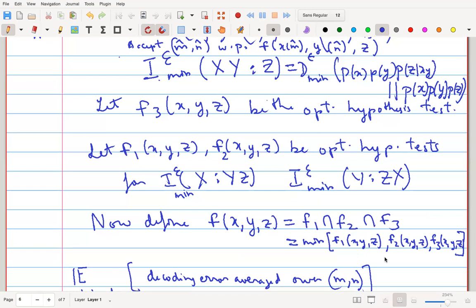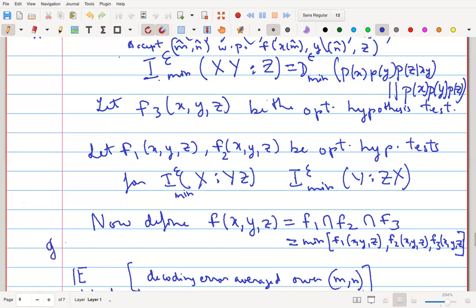Often, like in multi-terminal channel theory, there will be intersection arguments, or there will be union arguments. So you can also define analogously. If required for some other application, I can define analogously this quantity.